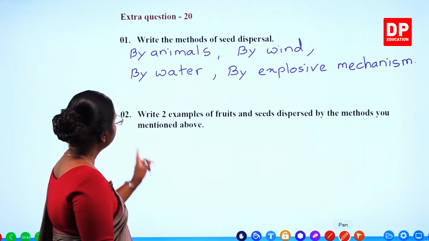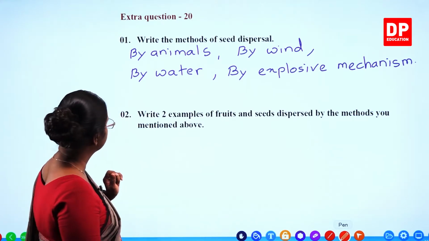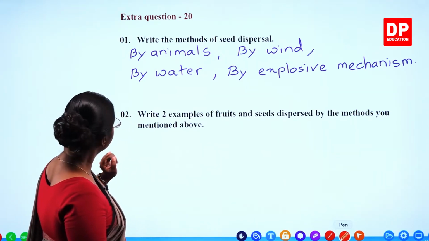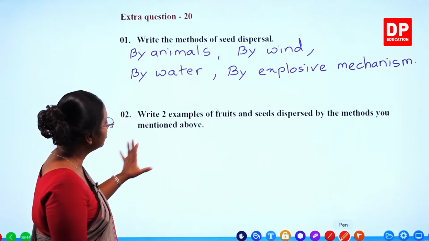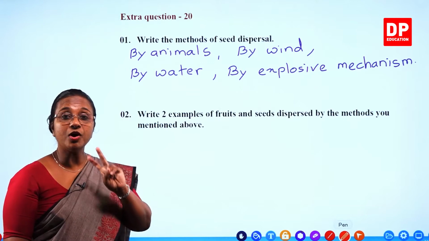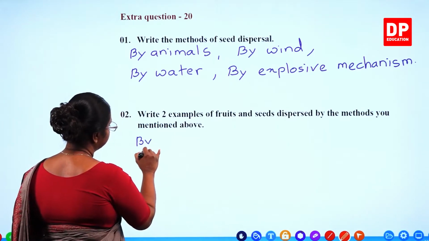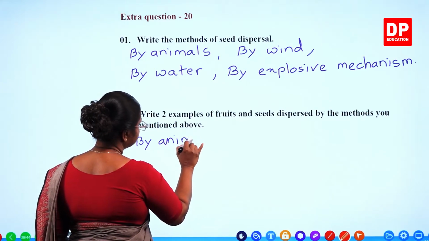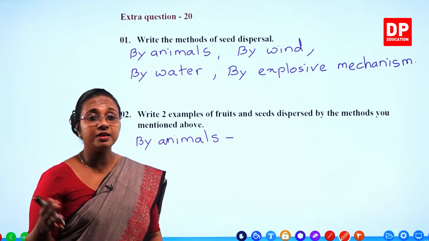Then here, write 2 examples of fruits and seeds dispersed by the methods you mentioned above. So you have mentioned all 4 methods. You need to write 2 examples for each method. So the first method is by animals. By animals, can you think of some fruits?